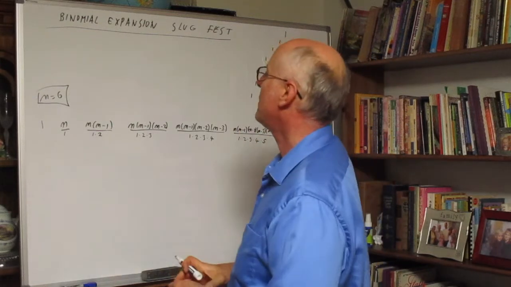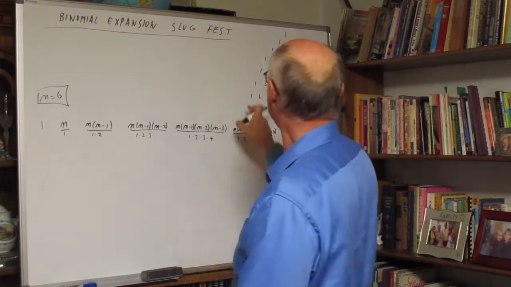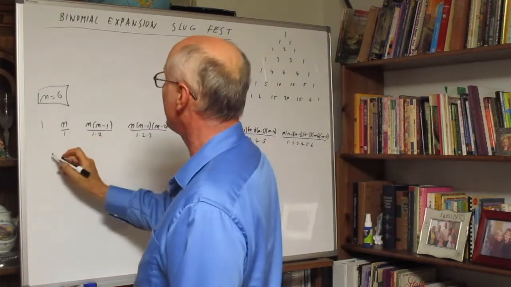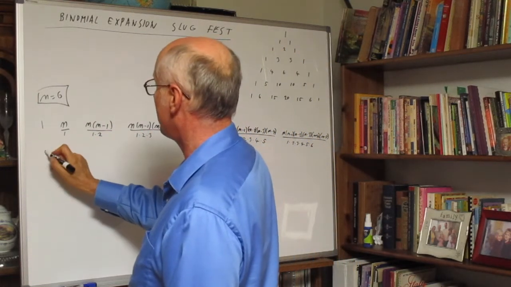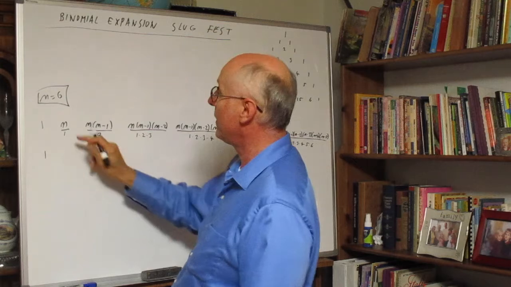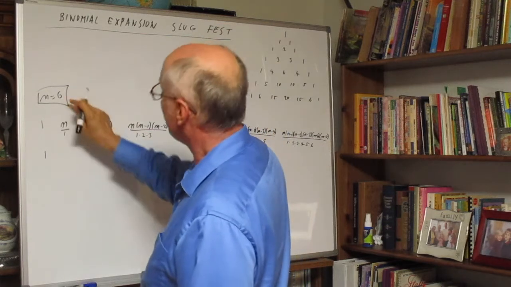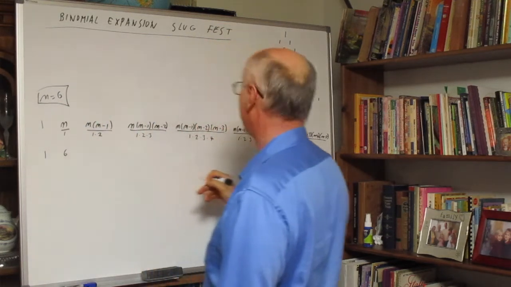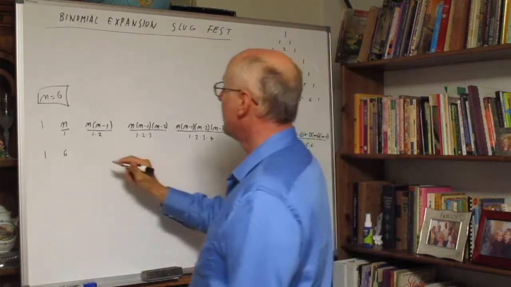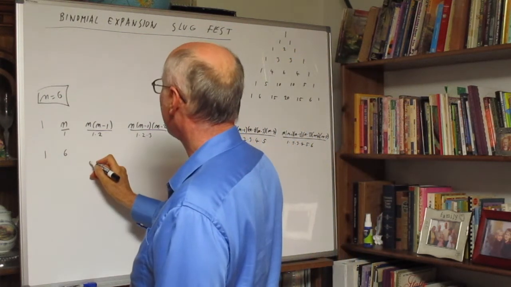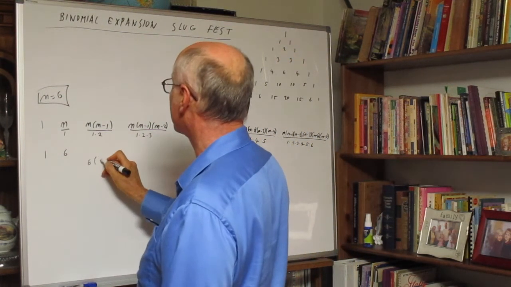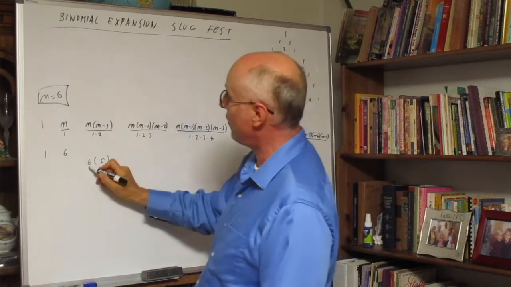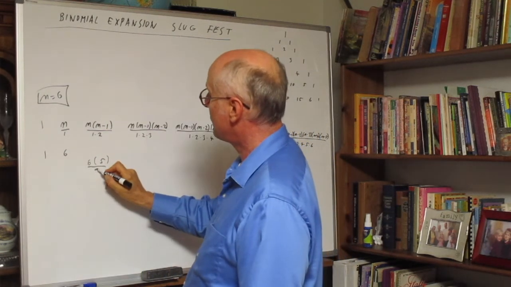So let's crank it for n equals 6, and let's see if it gives us these factors. The first one is 1, so that's that one. If you plug in n equals 6, you get 6 right away. No problem. And then we have 6 times n minus 1, which is 5, over 2.